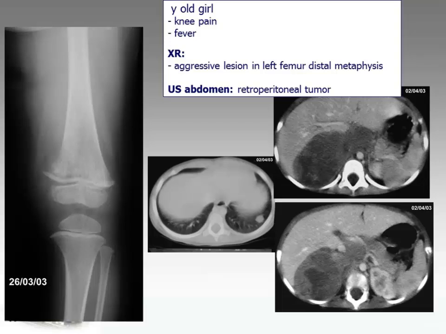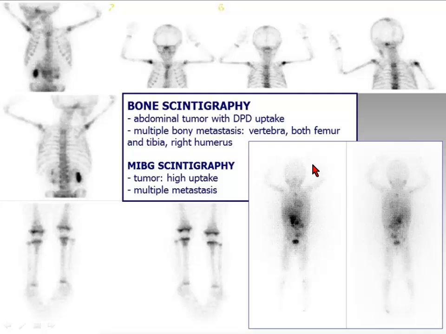In this case, I think it was a 7 or 8 year old girl with knee pain and fever, and the radiologist found an aggressive lesion on the left femur distal metaphysis with a retroperitoneal tumor on the ultrasound. We performed a bone scan with a high uptake in the abdominal tumor. Of course, it is a neuroblastoma, with submetaphyseal activity in nearly all the long bones.